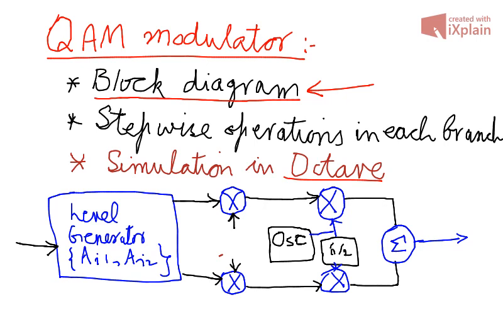We will move forward to find out the stepwise operations in each branch. We have two branches in this diagram, and we will see what operations are carried out at each step, at the output of each block. We will be interested in finding the input and output of each block for a QAM modulator.